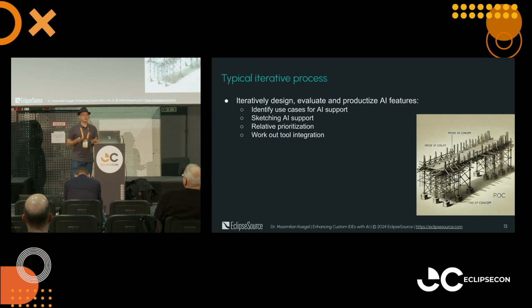Then you work out the tool integration. This is something we haven't talked about so much so far, but this is really the part where the value generation, from my perspective, is. That's figuring out, okay, I tried on the playground that this kind of prompt would solve a problem. But how do I get all the information for that prompt? How can I fill in all or as much as possible of that prompt automatically?